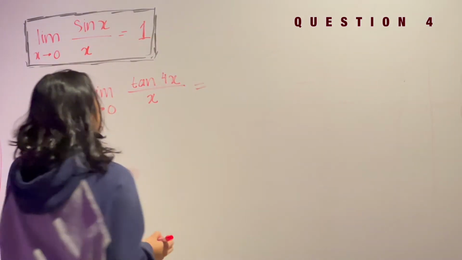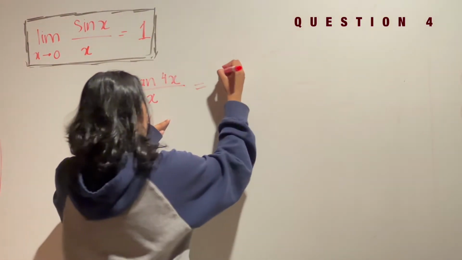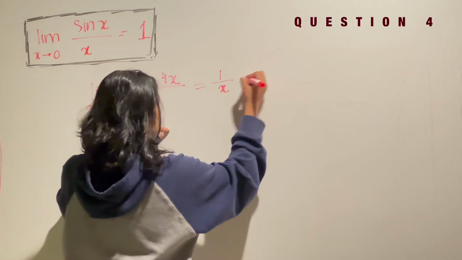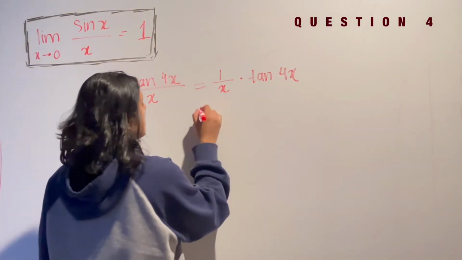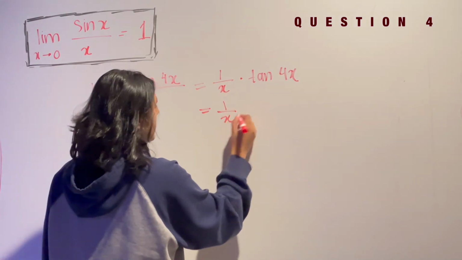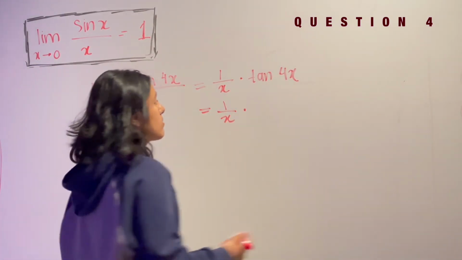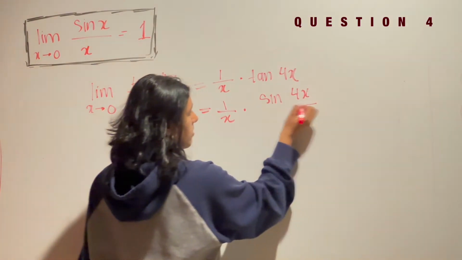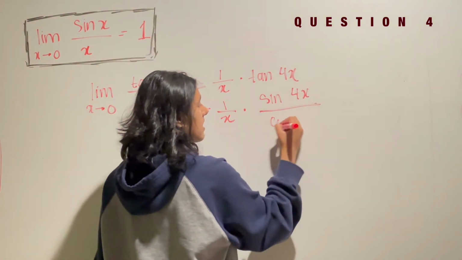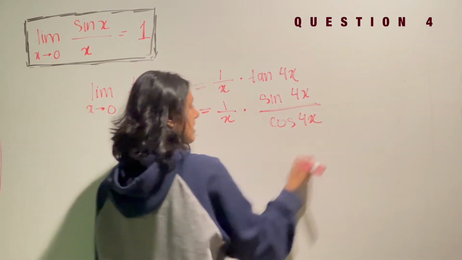So let's rewrite this. This is essentially saying 1 over x times tan 4x. It's pretty straightforward. Then we'll keep the 1 over x the same. And tan 4x, we all know that's sine 4x over cos 4x.